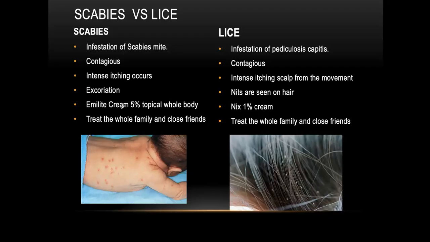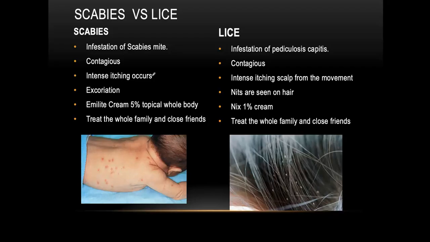They are usually children who may not be housed, so they are more at risk for getting infestation by the mites. We use a cream over the entire body, even areas that may look like they are not infected. So this is the Elimite cream. And we treat the entire family, because usually they're close enough to get infected and not really know that the scabies is burrowing into their skin.